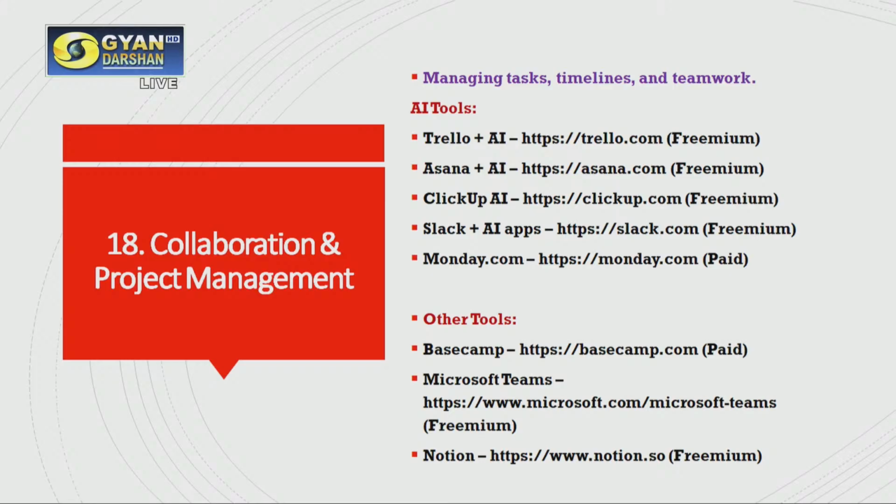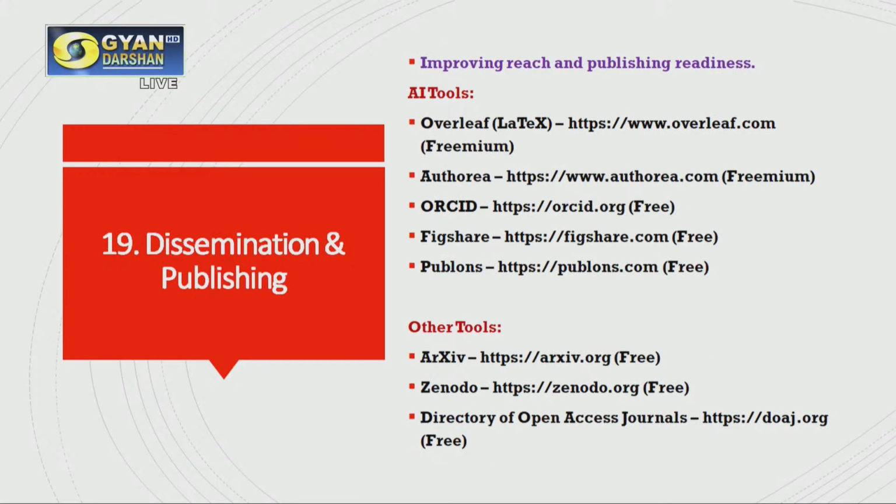Now, when we work collaboratively, when two or three researchers work collaboratively on a project or research, some of these tools can be used for managing the tasks, timelines, teamwork, etc. So tools like Microsoft Teams, Monday.com, Trello plus AI, which is of course AI integrated. Some of these can be used.